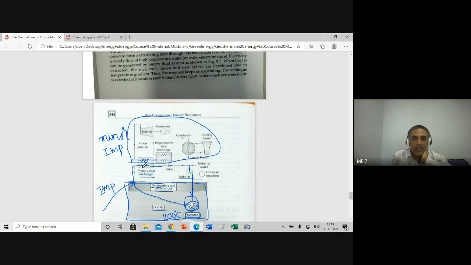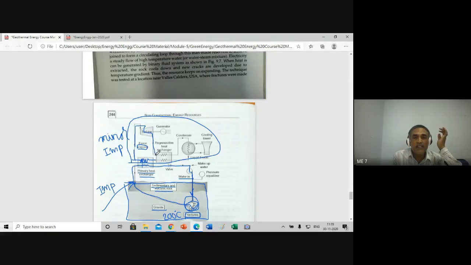The heat is transferred to this other fluid, which is freon. That freon, by absorbing heat, is converted into vapor and sent to the turbine. From the turbine, after losing its pressure and temperature, it comes out.